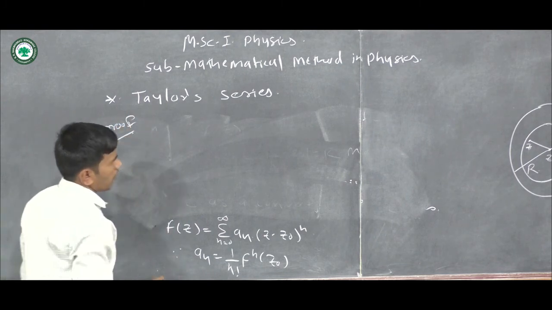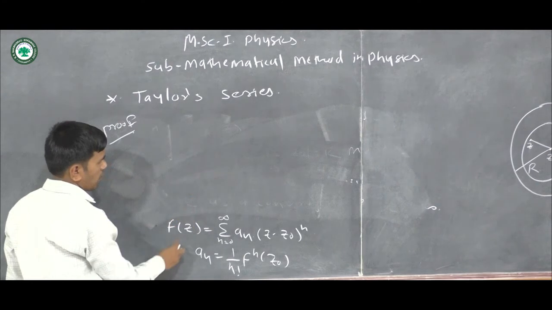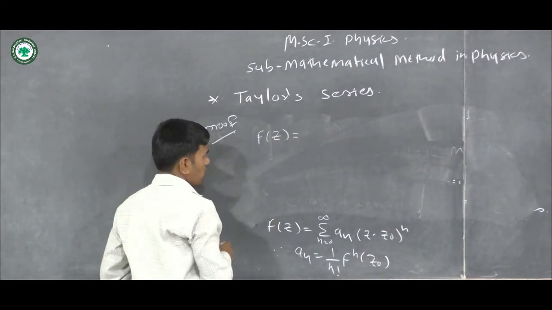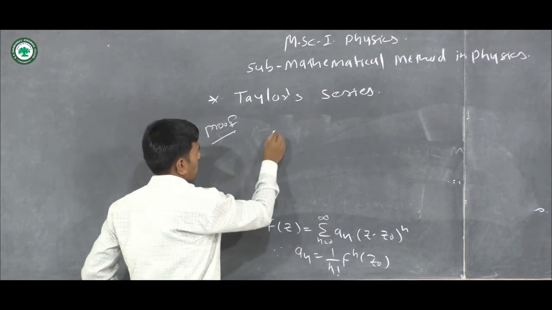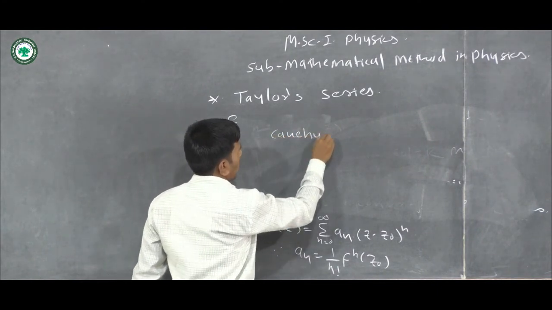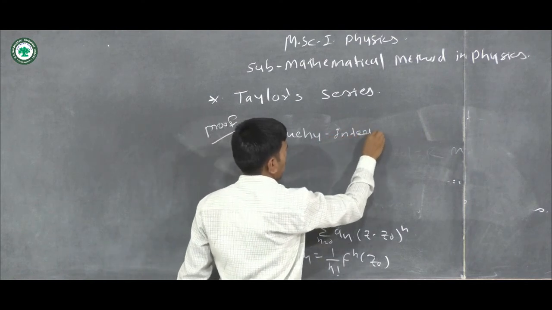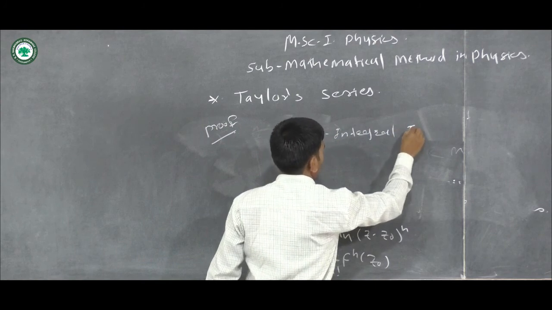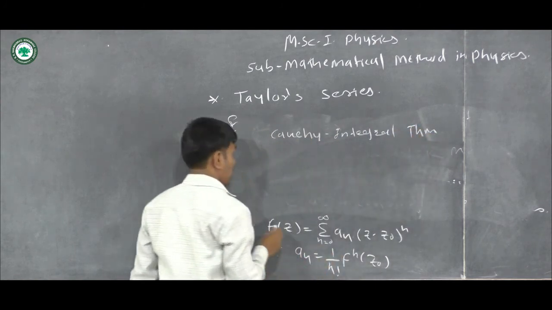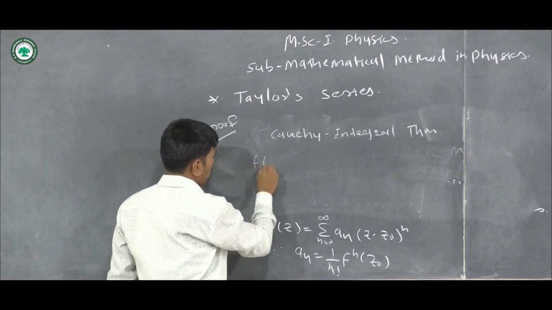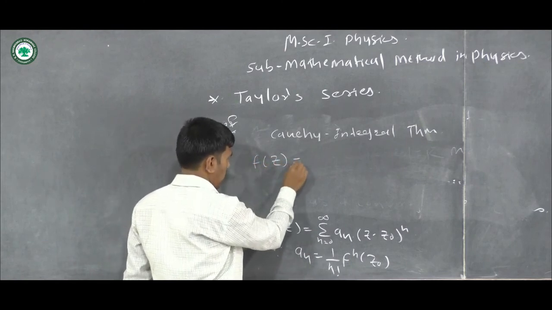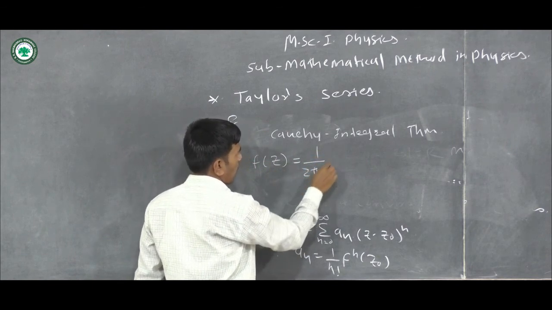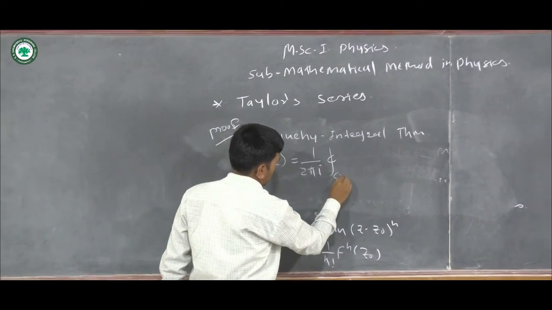For the proof, writing this power series in terms of psi, first I consider the Cauchy integral theorem, or the Cauchy integral formula. We know the Cauchy integral formula: f(z) = 1/(2 pi i) closed integral over CR.